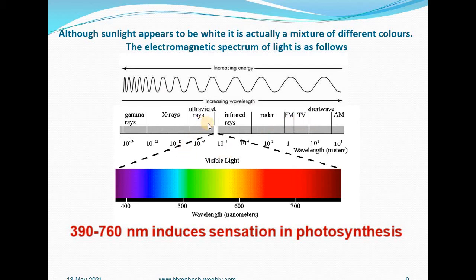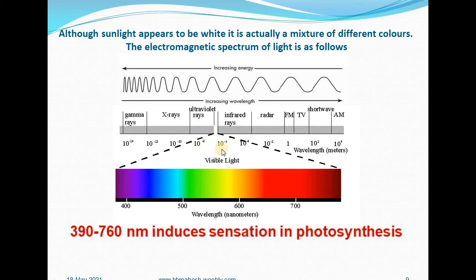See here, the visible light lies in between, that means it has a moderate energy level. Towards the left, UV rays, X-rays and gamma rays have more energy, but the wavelength is less. Towards the right side of the visible light, that is infrared, radar and so on, these have more wavelength but less energy.